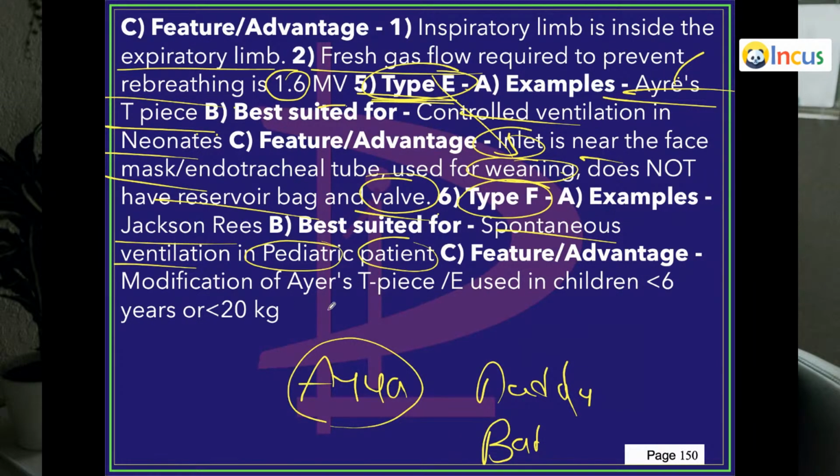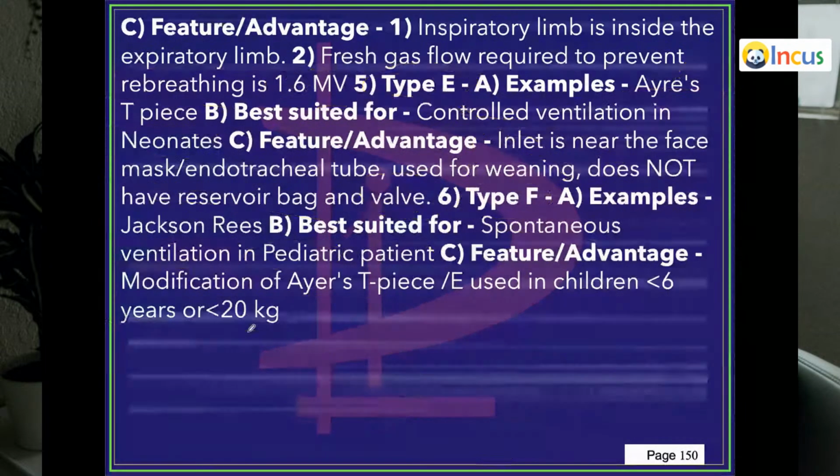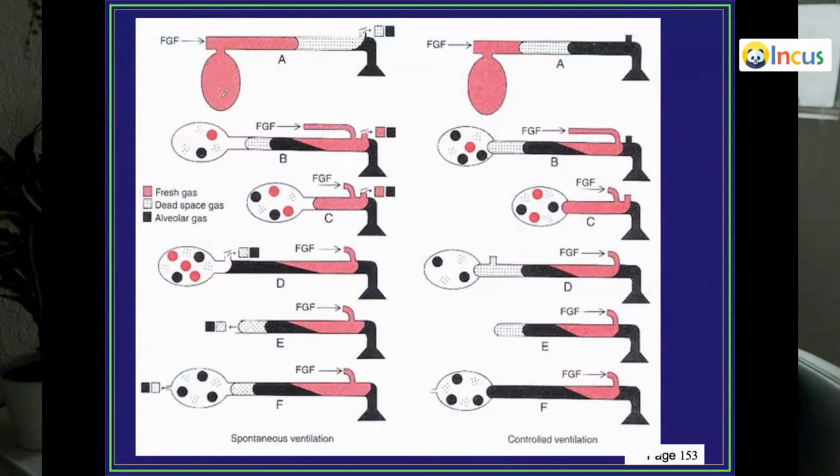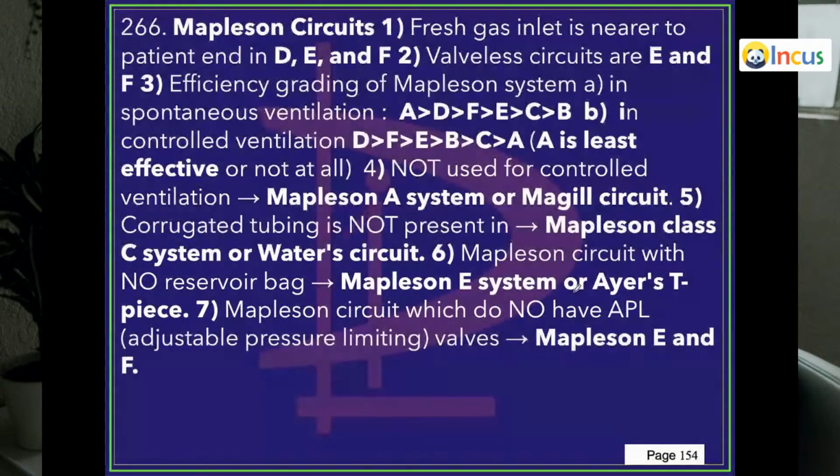The modification of Type E, used in children less than 6 years or less than 20 kgs, is Type F. Right? So don't forget Type A, Type D, Type E, and Type F. These are the 4 things that you need to remember.